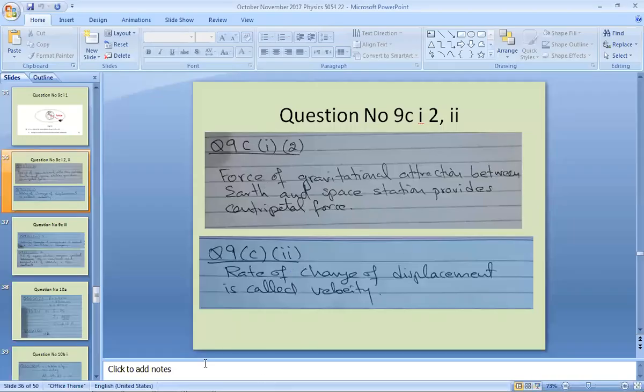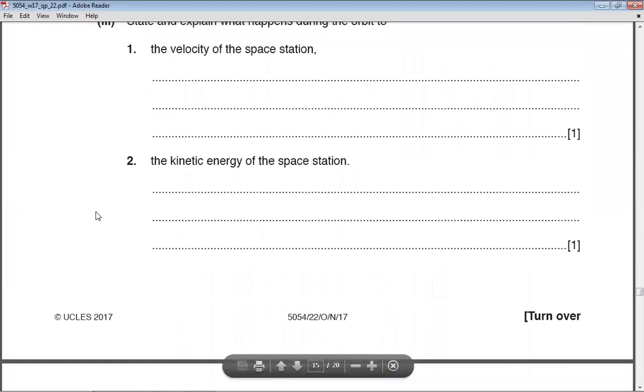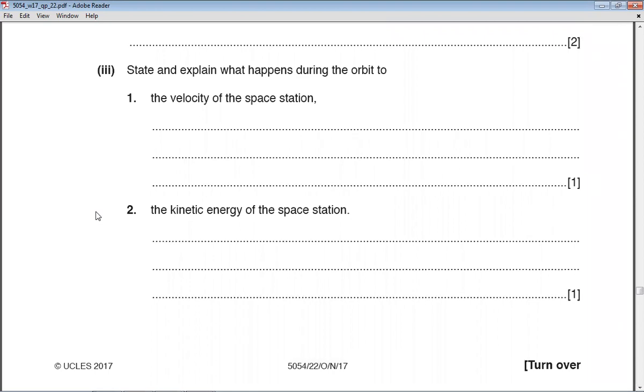Okay, so let's move to the next part, and it says state and explain what happens during the orbit to the velocity of the space station. You see, because the satellite is moving in a circular orbit, at every moment its direction has to be changed.